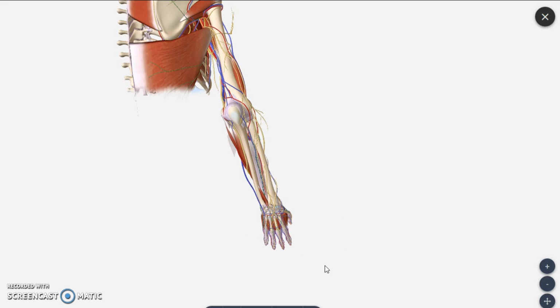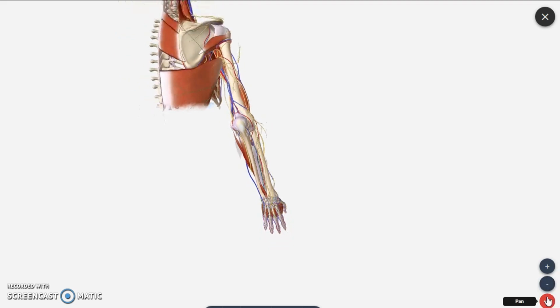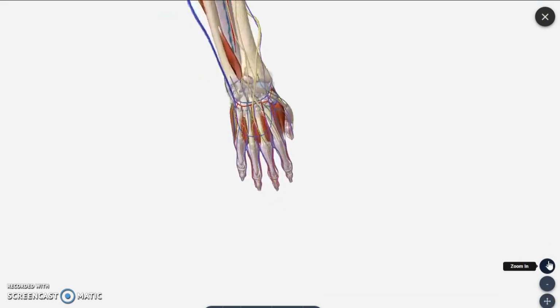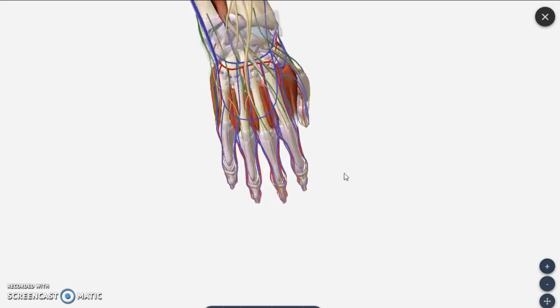The structures you are seeing here we will call as dorsum of hand. As it is posterior, we can call this as dorsum area. See, in this you can view clearly. So this is dorsum of hand. In dorsum of hand you can see many structures such as, superficially, after removing skin, superficial fascia and deep fascia.